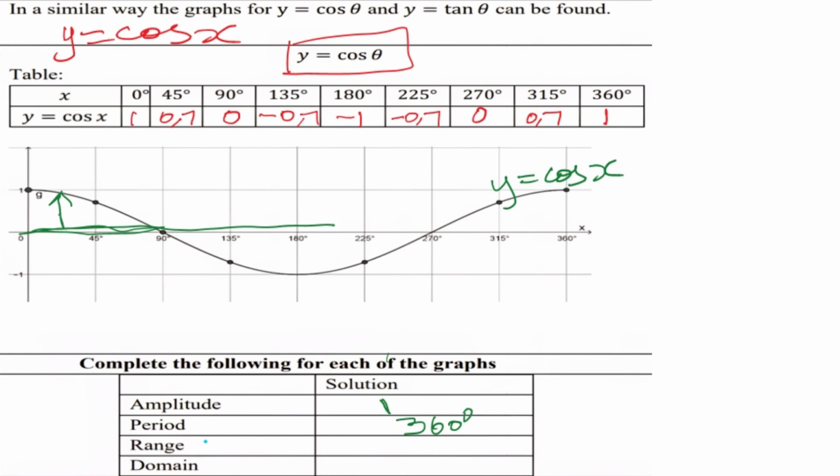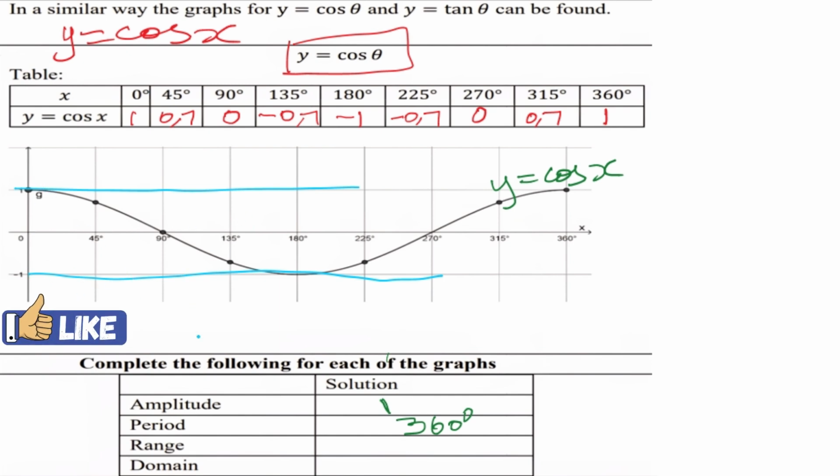Now, we have the range of the graph. We can get the range from the minimum value and the maximum value of the graph. One thing that you need to know about the range is that you are talking about the y values.